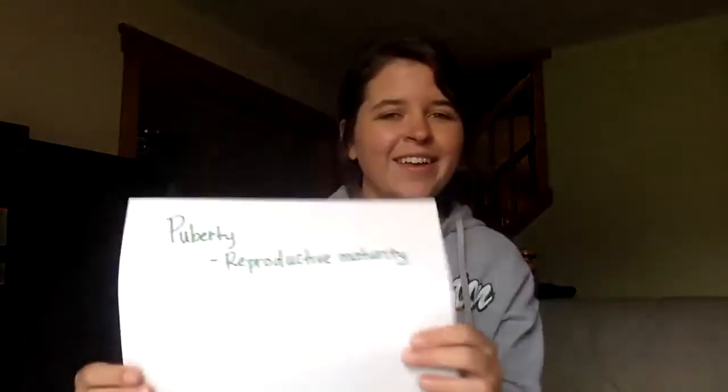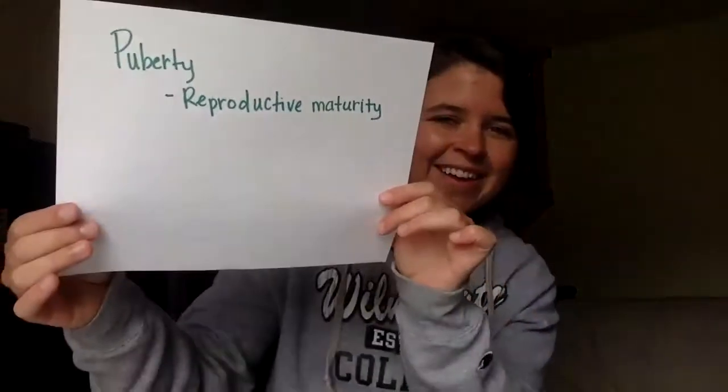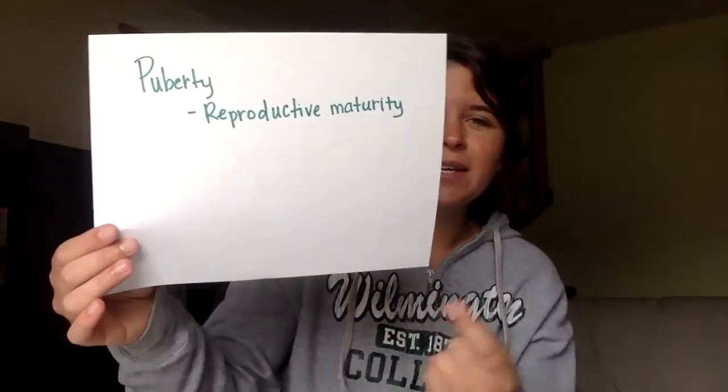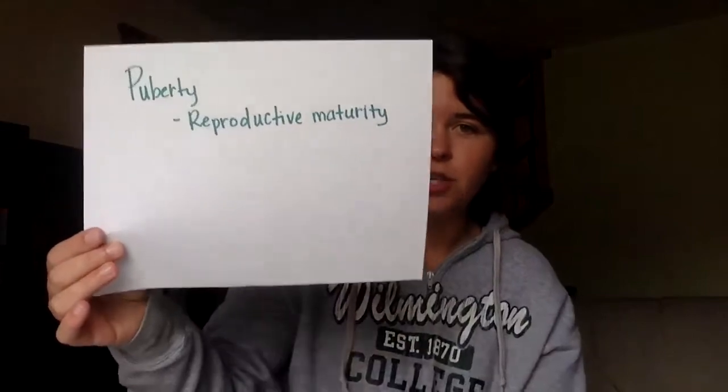Once that female is born, there's a stage of time that passes before it really enters its first true cycle. And that first thing is what we call puberty. Puberty is what we would call reproductive maturity.